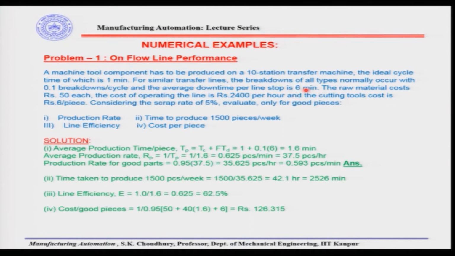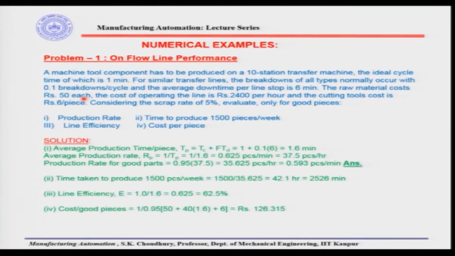So, this is the Td, if you remember that. This is the time taken for diagnosing the problem and rerunning the machine. The raw material costs rupees 50 each. The cost of operating the line is rupees 2400 per hour, and the cutting tool's cost is rupees 6 per piece.